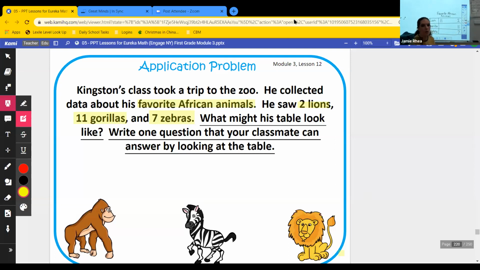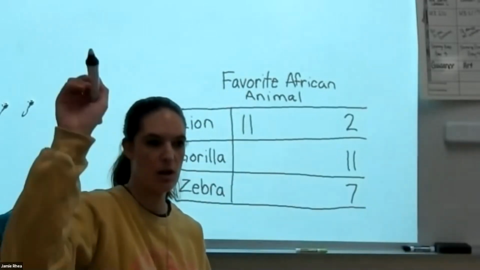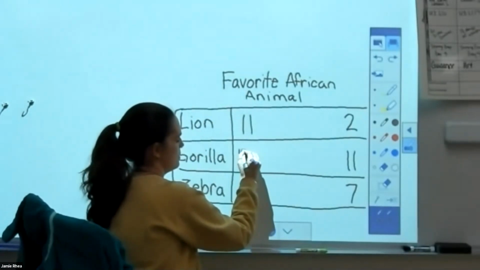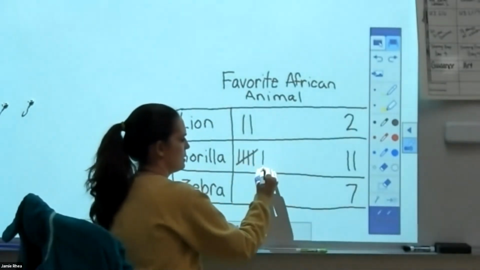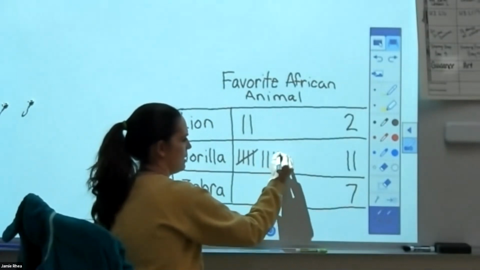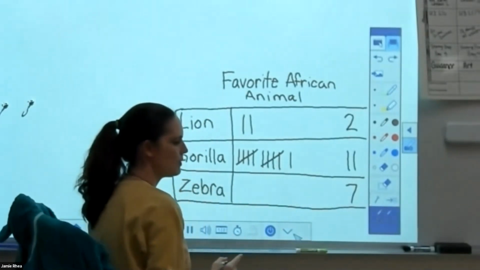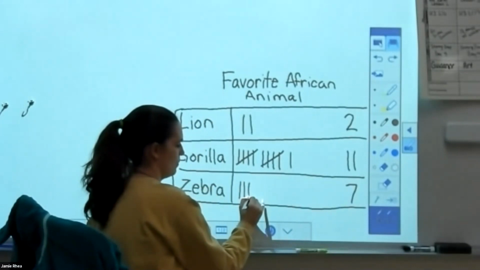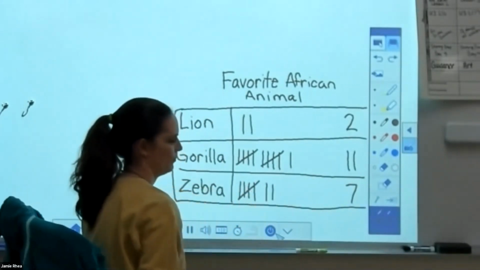Remember, when we make tally marks, it goes 1, 2, 3, 4, and 5. So let's do that. 1, 2, 3, 4, 5, 6, 7, 8, 9, 10, 11. Now let's do our 7. 1, 2, 3, 4, 5, 6, 7.